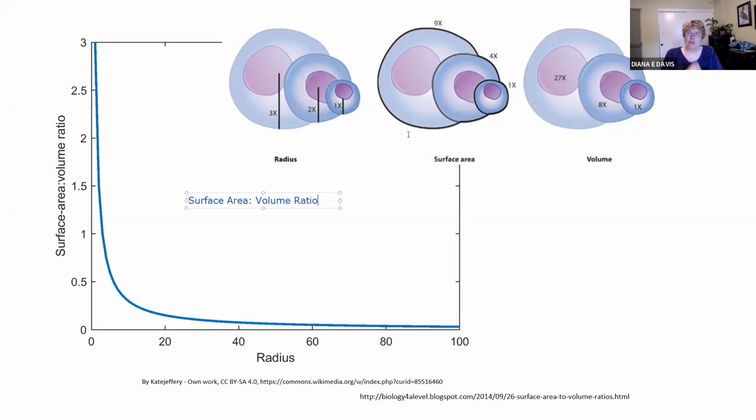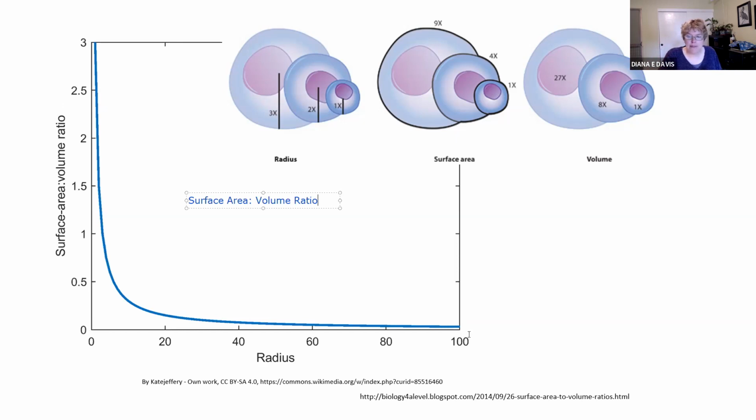And a certain volume of cell requires a certain amount of gas exchange, import of nutrition, export of waste products. And as the size of the cell increases, the relative amount of surface area cannot keep up.